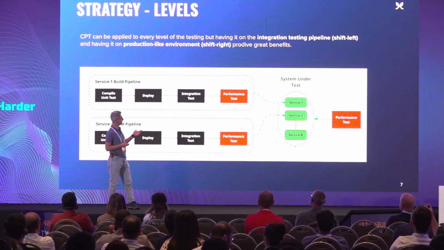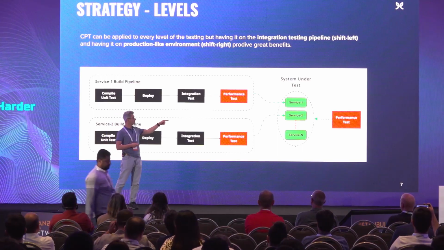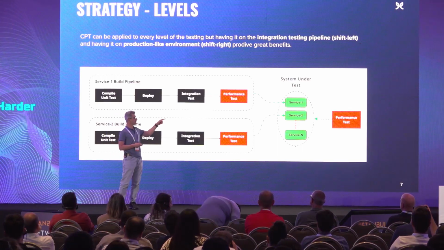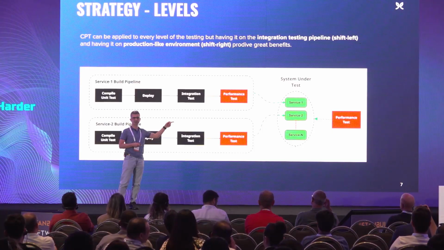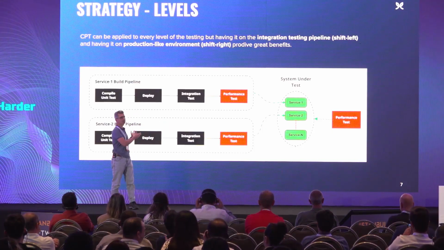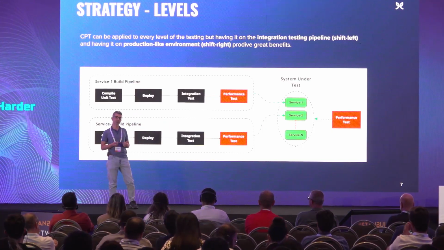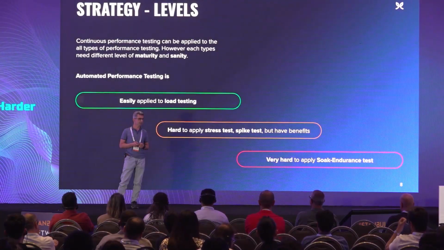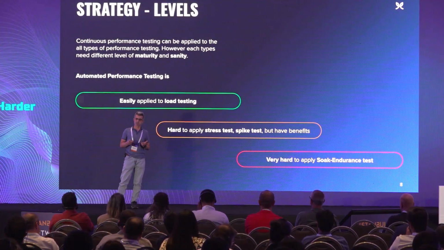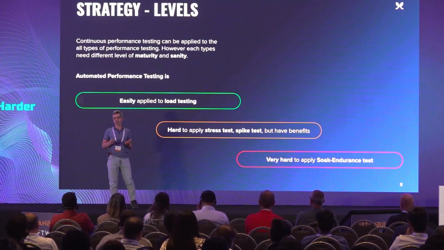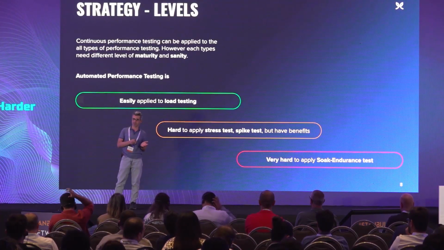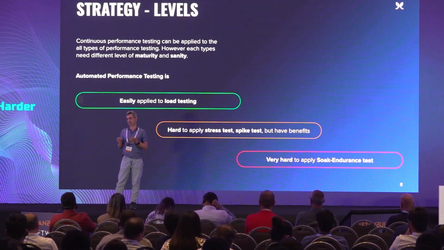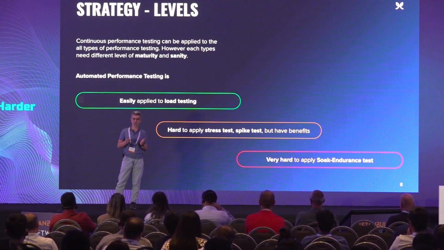This is the integration level, the first one, but as a system under test, as a production, you can also test that one. Also, you can do both to get maximum benefits. And the strategy means where we apply the performance testing in our pipeline, and which kind of performance testing type should be applied.